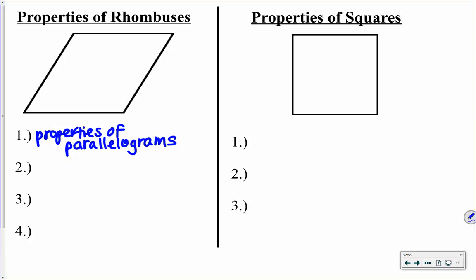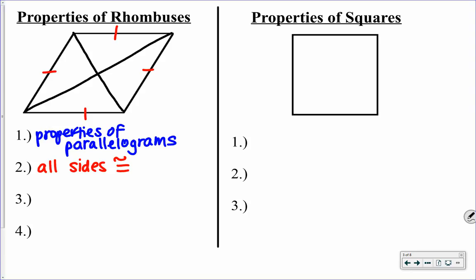And what was special about this is that the rhombus, all sides were equal or congruent. The diagonals are perpendicular.